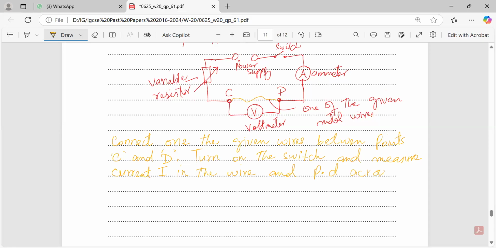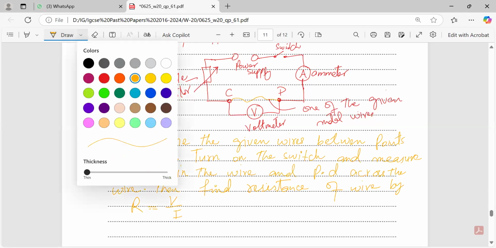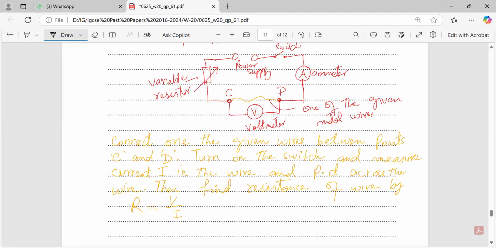The potential difference will be across the wire. Then find the resistance of the wire by R is equal to V over I. Now, this is the brief explanation of the procedure.